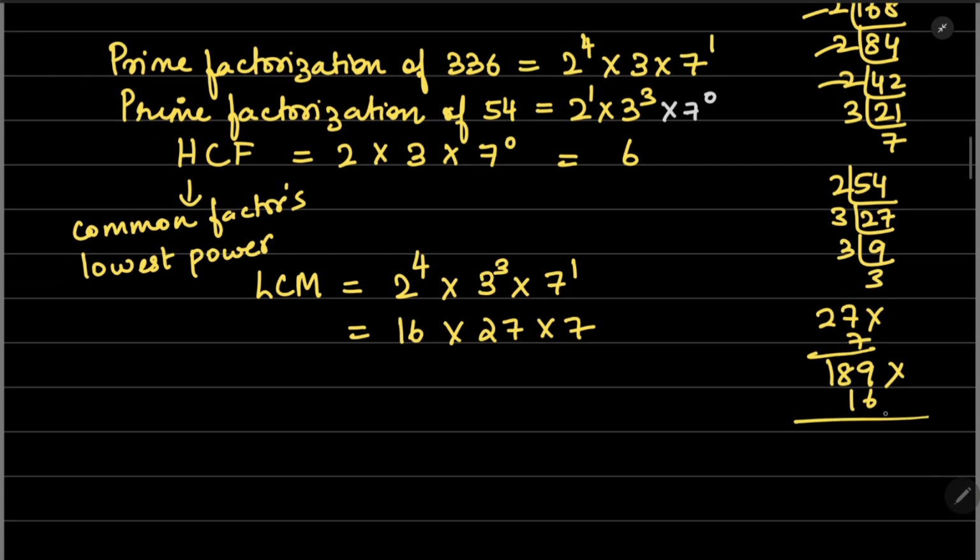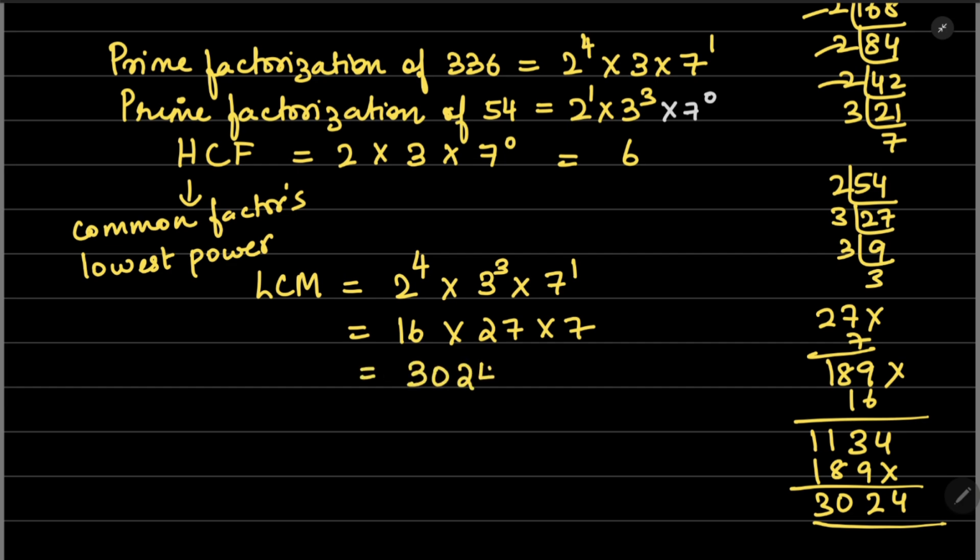So 9 6s are 54, 4 5 carry over, 8 6s are 48, 53, and then 11. Okay, so you have 3024. So your LCM is 3024 and your HCF is 6.